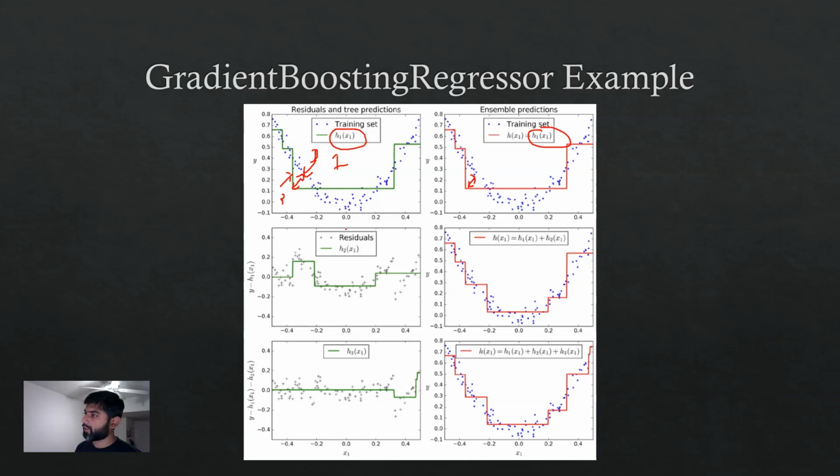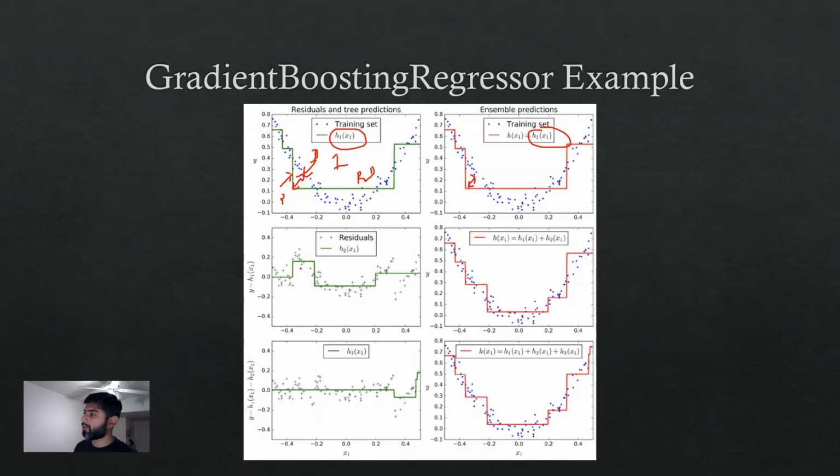Now we look at the residuals. Residuals are what was missed. So this is the rough draft of a given analyst. Another analyst finds out what was missed and draws a line through all these data points, so it predicts on the residuals.